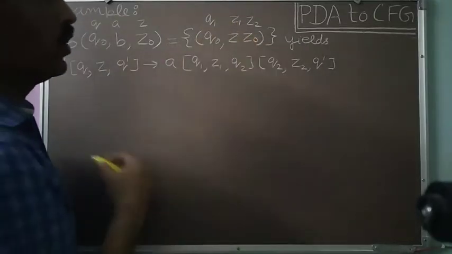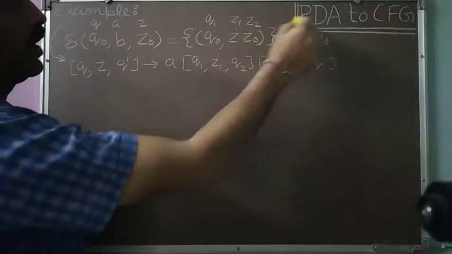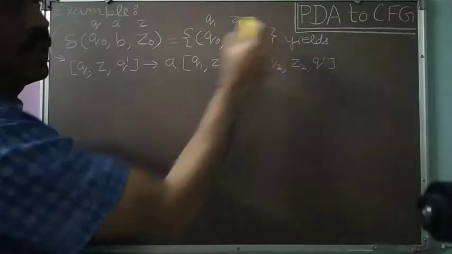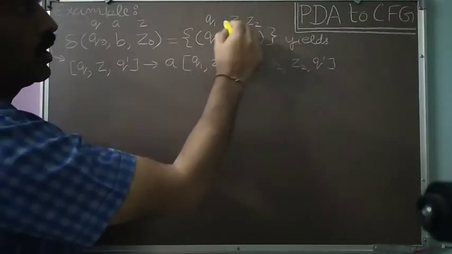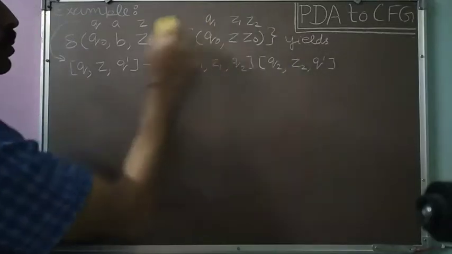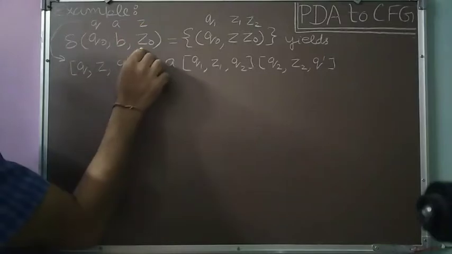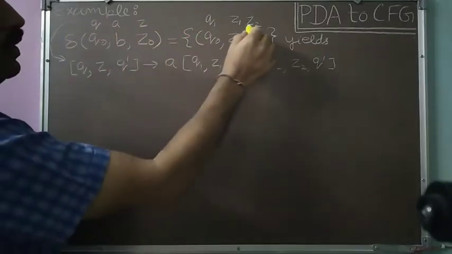A non-erasing move is given by (q1, Z1 Z2 ... Zm). Here we have two symbols, Z1 and Z2, so the value of m is equal to 2. This belongs to delta(q, a, Z), so delta(q, a, Z) has (q1, Z1 Z2).